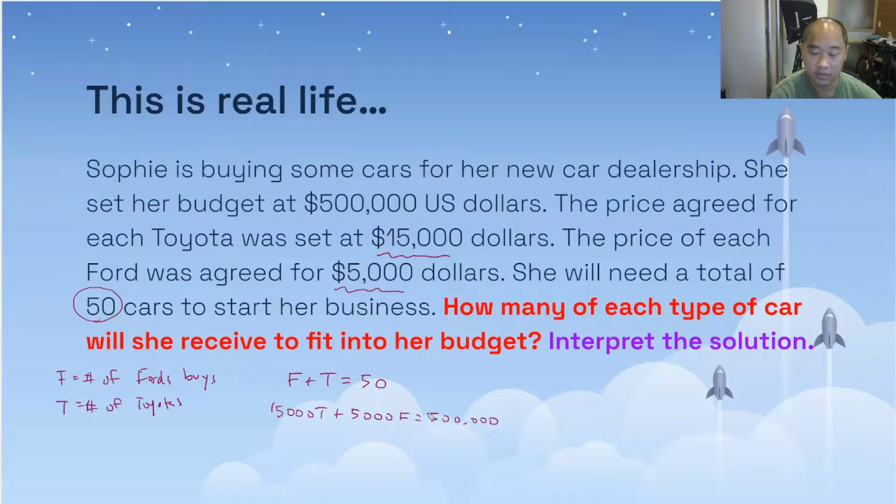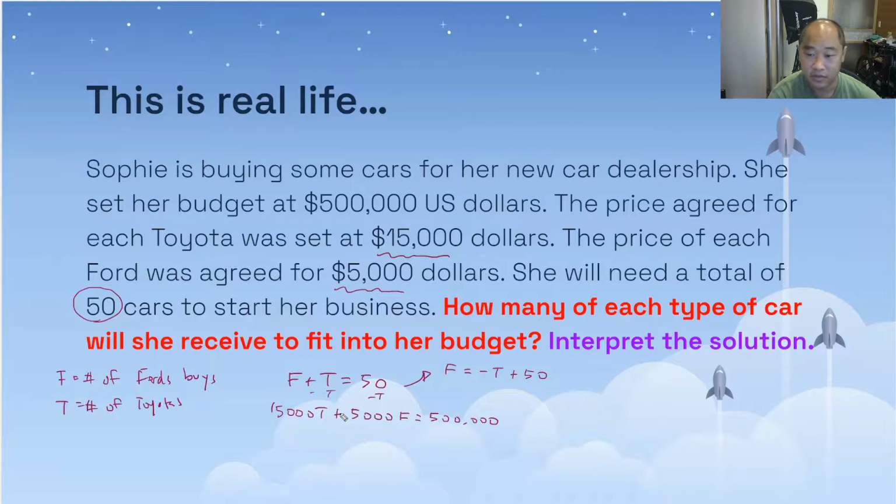So what is this going to end up being? Well, this is a system of equations, right? So what I can do is I can rewrite f plus t equals 50. I could subtract t from both sides and get f equals negative t plus 50.